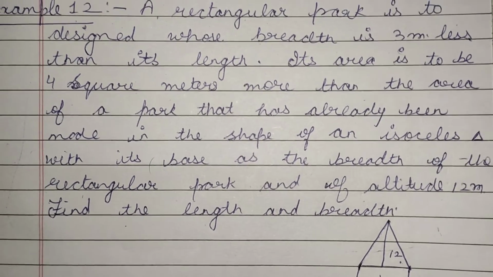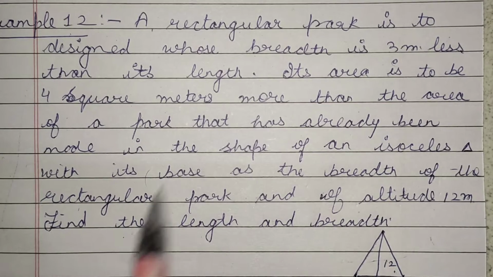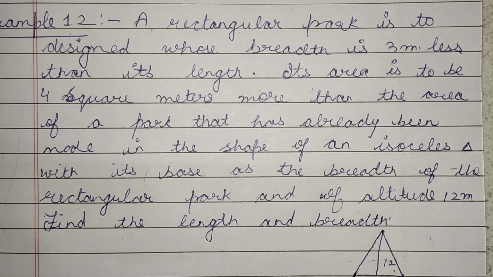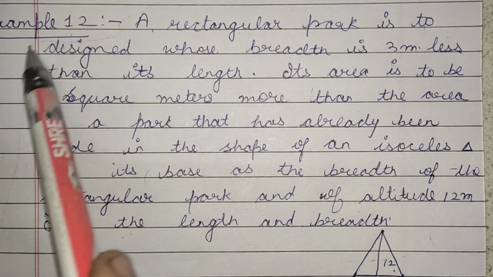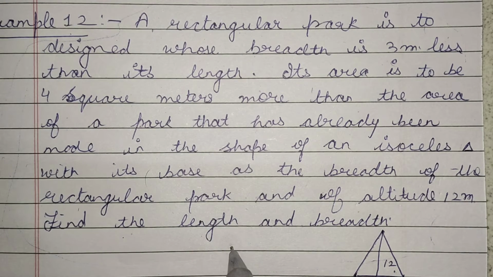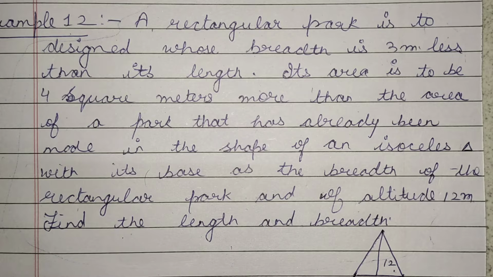So these kinds of examples are given in your book because they are related to real life calculations. You have to convert the given condition into a quadratic equation, then simply find the roots of the quadratic equation by using any method. Okay, so let's read how to solve these kinds of real life examples.